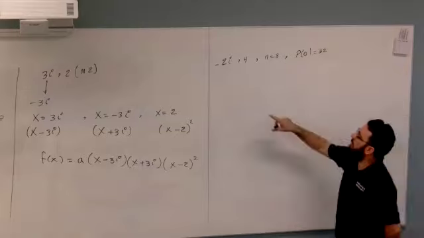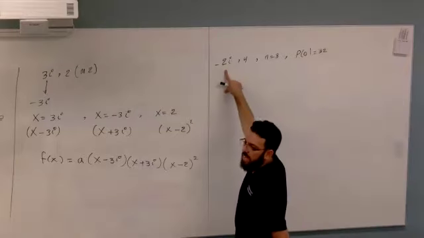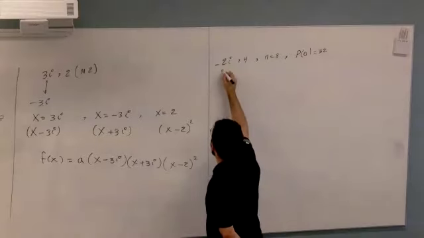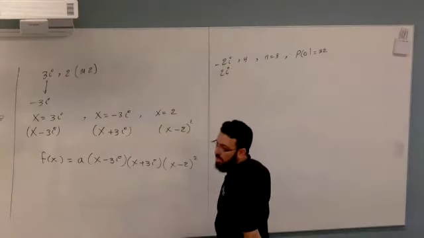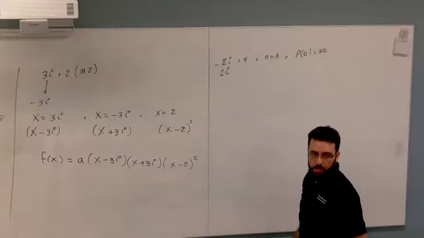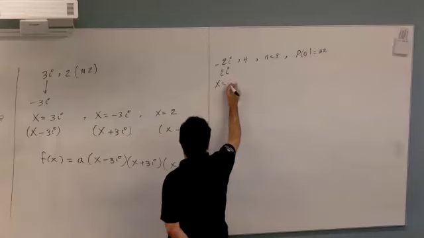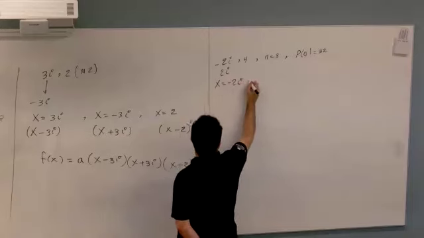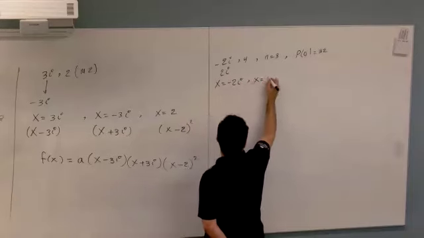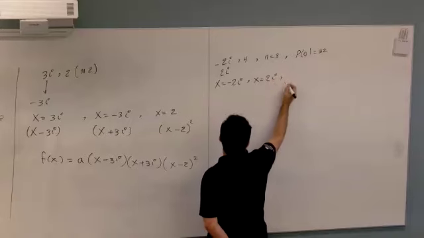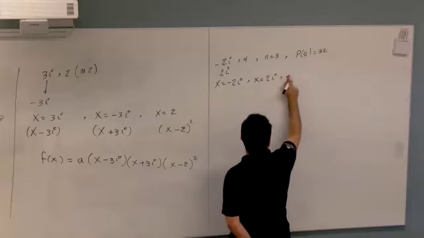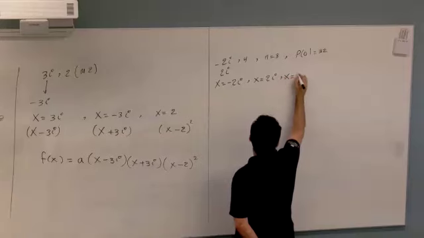Now, what do we have? Negative 2i is a complex number. What does that mean? That means 2i is also a zero. So I'm going to write down x equals negative 2i. What else? X equals 2i. What else? X equals 4.